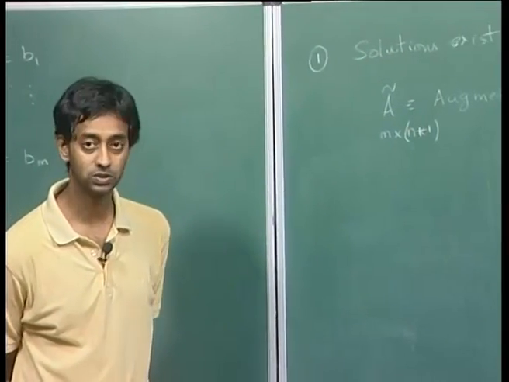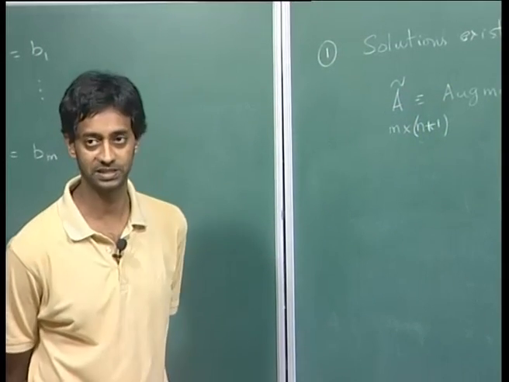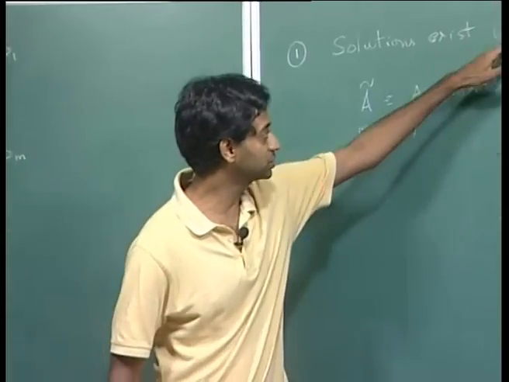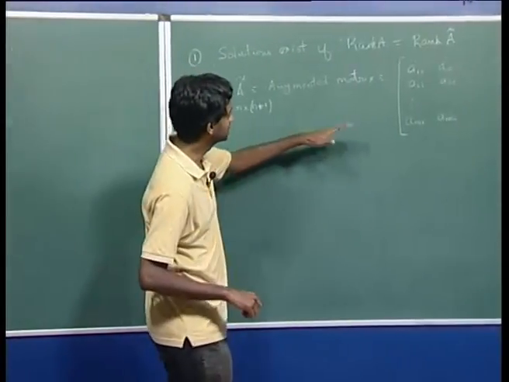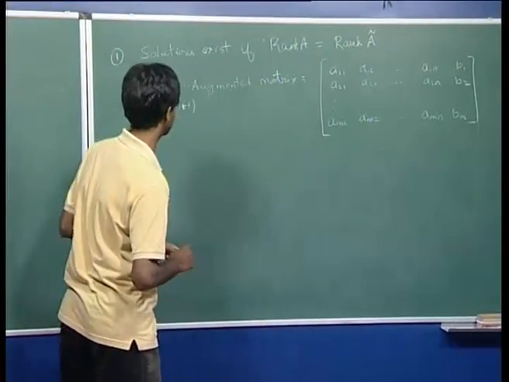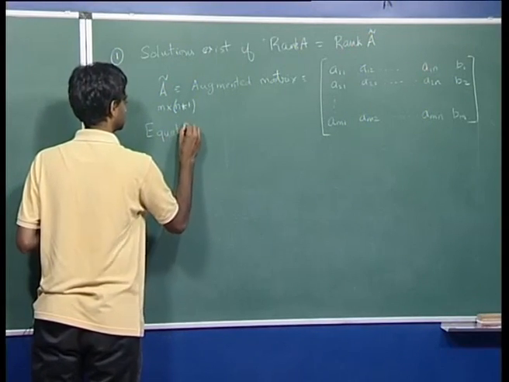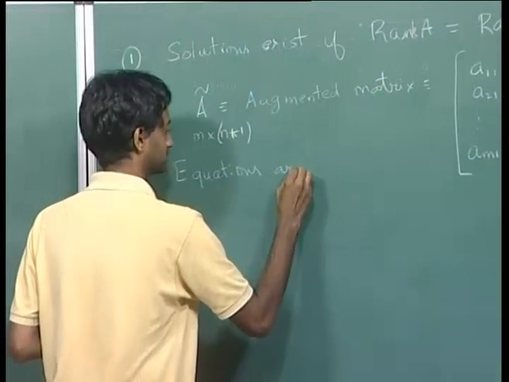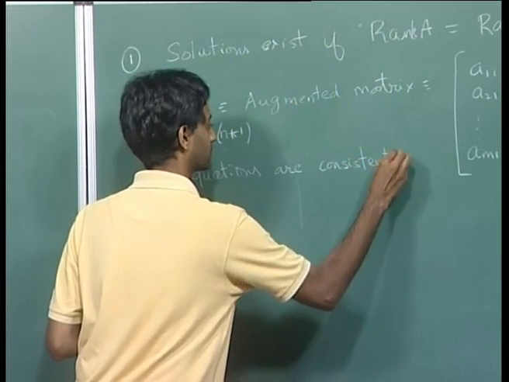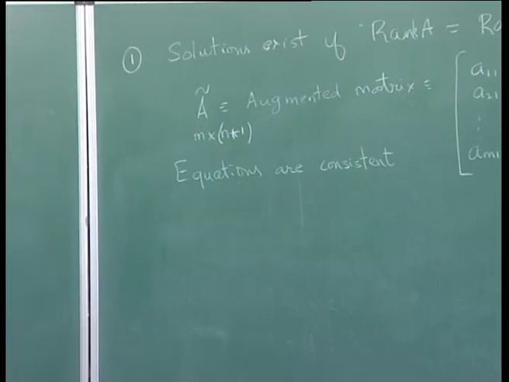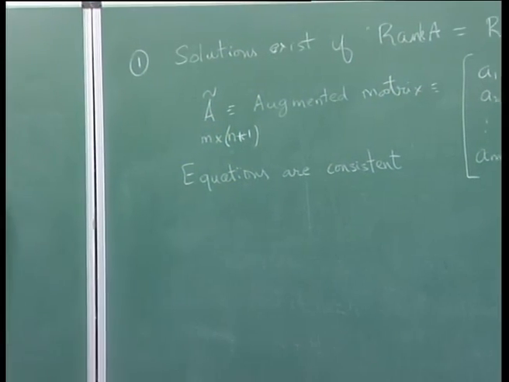Okay. So, now the first thing you say is that solutions exist if rank of A equals rank of A tilde. So, only in this case can solutions exist. Okay. So, if this is not true, then it means that these equations are not consistent with each other. If this is true, your equations are consistent, and this is a necessary condition for any solutions to exist.